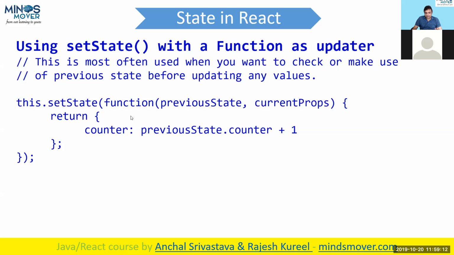Let's say you have multiple things on your page, right? If you directly do it in this.state, and multiple things are coming, it could be based upon some server event, right? You are subscribed to some server, and from the server some data is coming, on a TCP port or something, and based upon that you are setting the state.